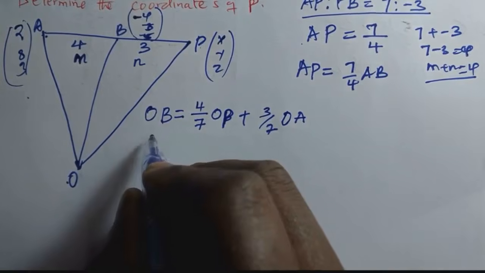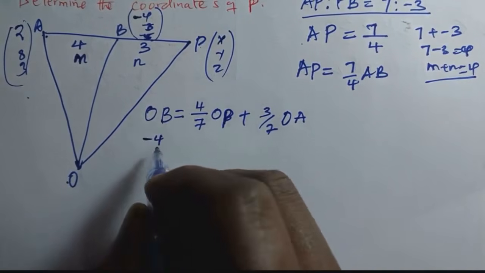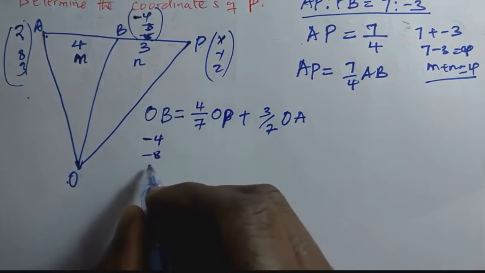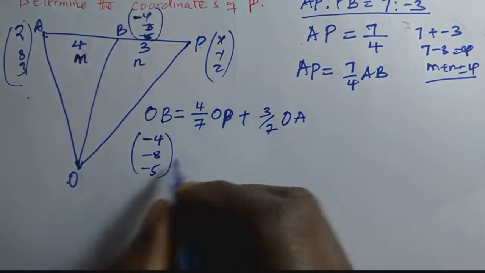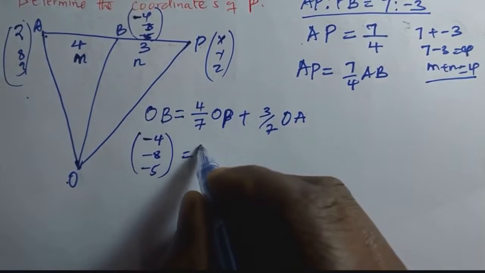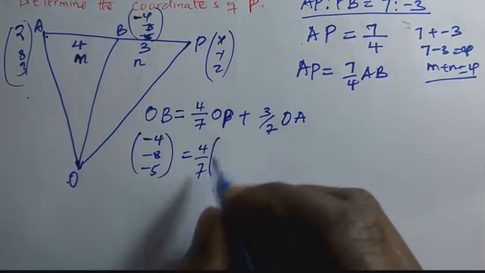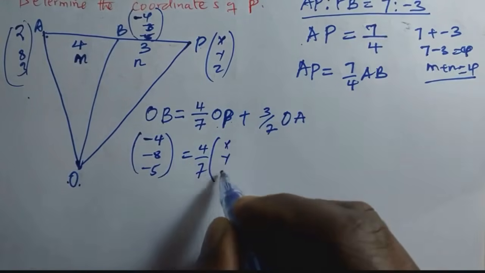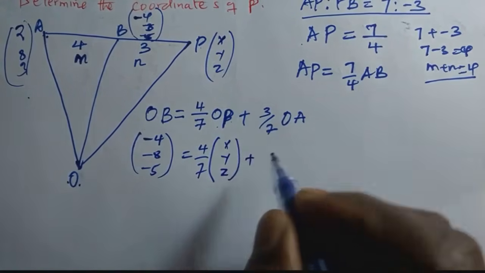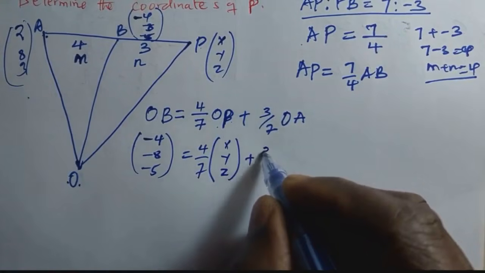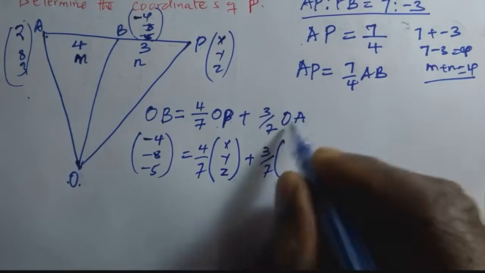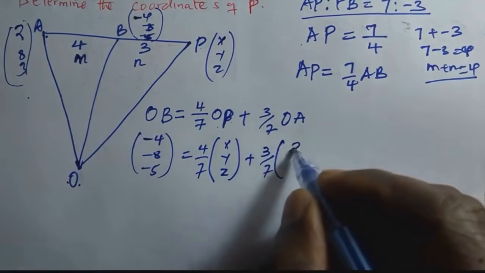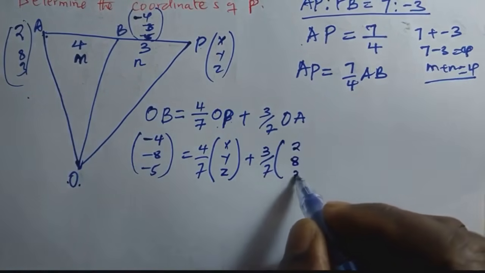Now this one was -4, -8, -5, which is equal to 4 over 7 OP, we are looking for OP, which is x, y, z, plus 3 over 7 OA, which is 2, 8, 3.